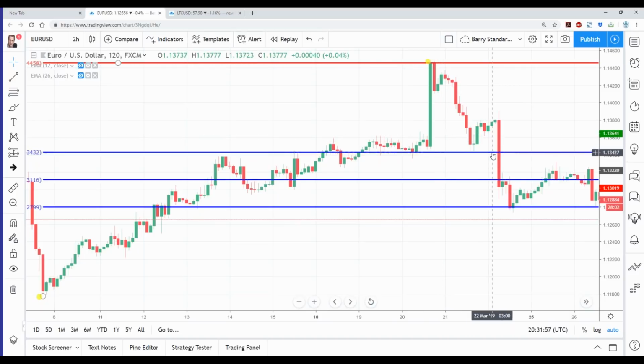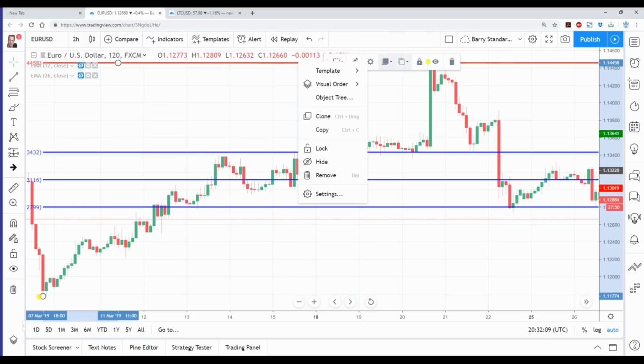We have here at 38.2, here at 50% retracement, here at 61.8.